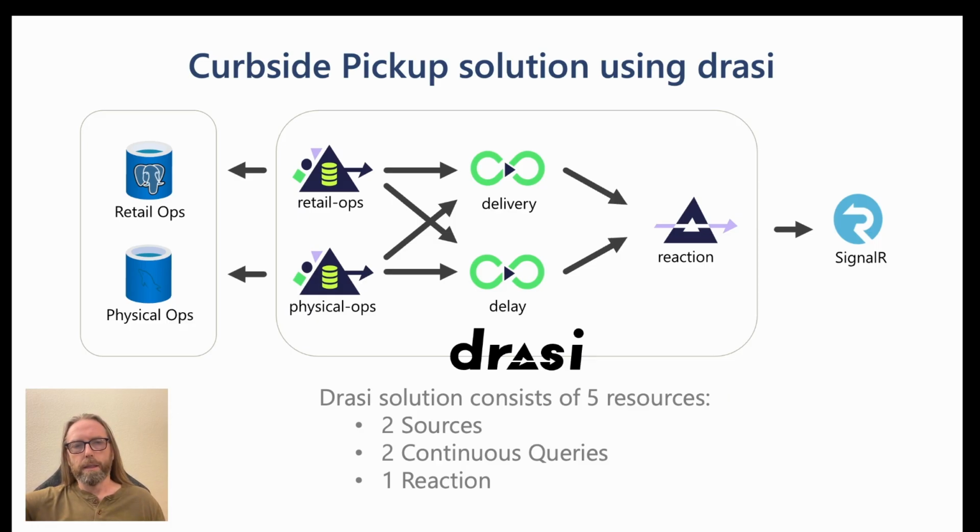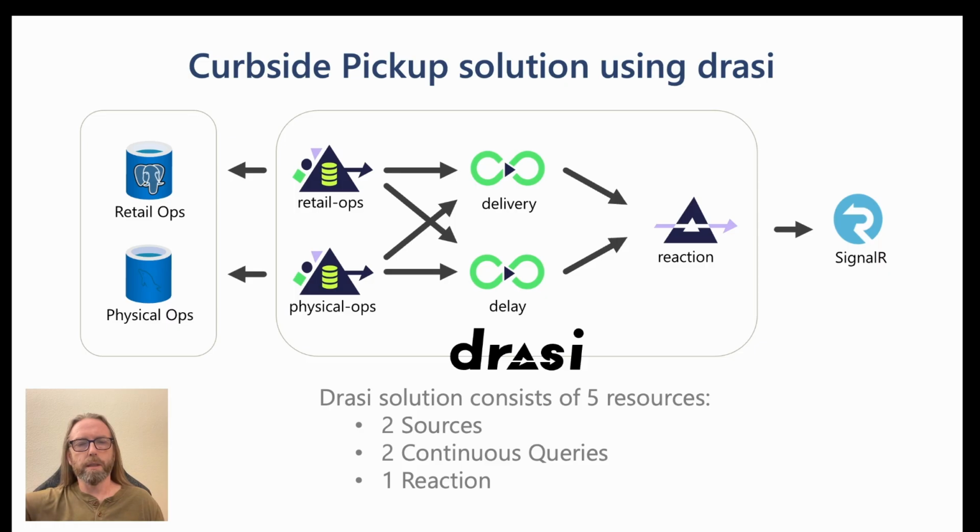One is looking for the set of vehicles that are mapped to orders where the order is ready and the vehicle is in the curbside queue. And I'm going to have another query called delay, which is going to be looking for vehicles that are associated with orders, but which have arrived in the queue and the order hasn't been made ready within 3 minutes of their arrival.